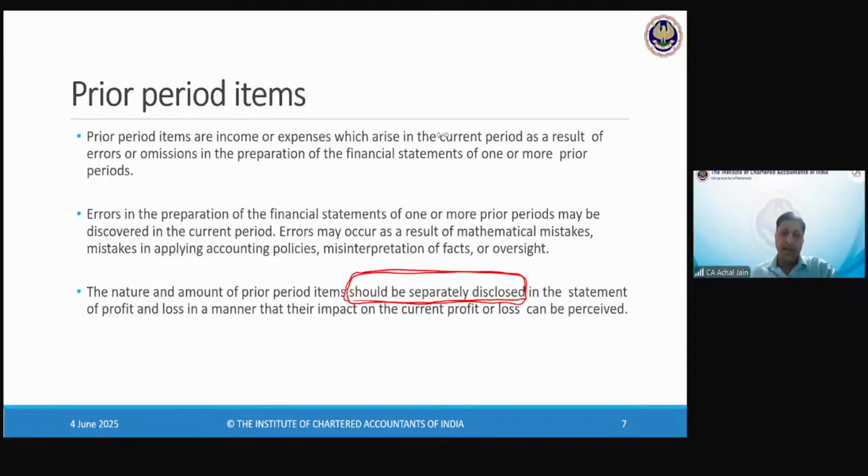Now, in relation to estimates, we discussed that because they involve some sort of approximation, whenever we change that, how do you record it? You will record it prospectively. Correct? So that's the understanding that we have in case of estimates.